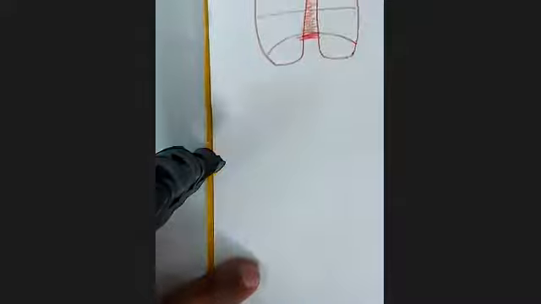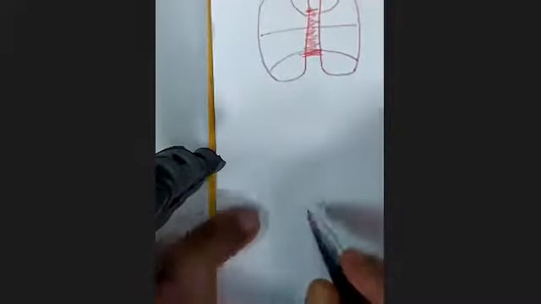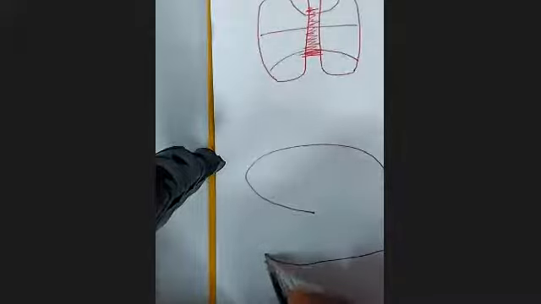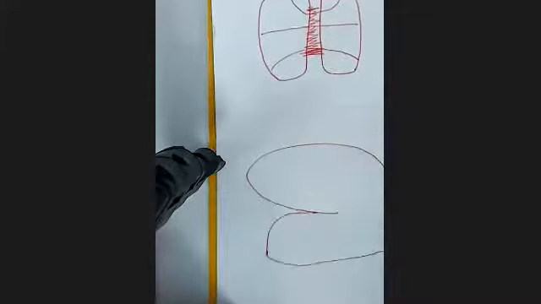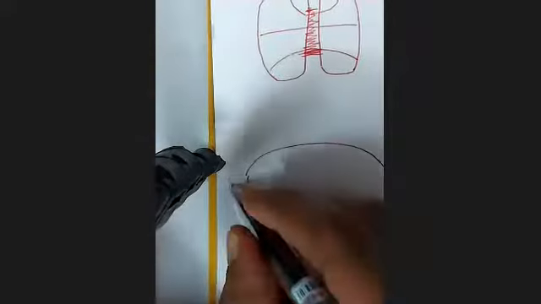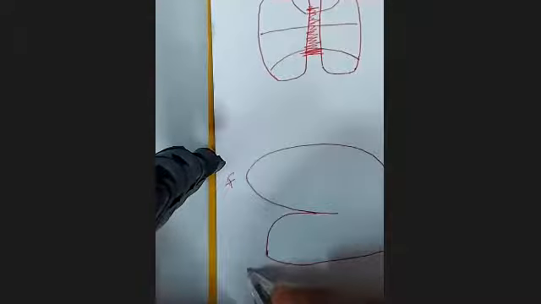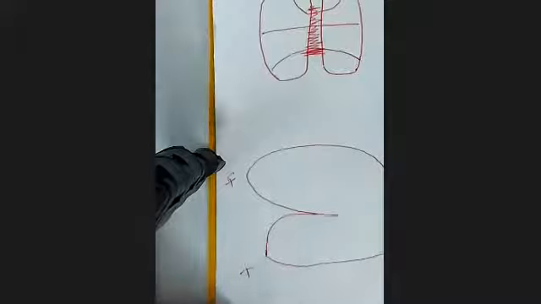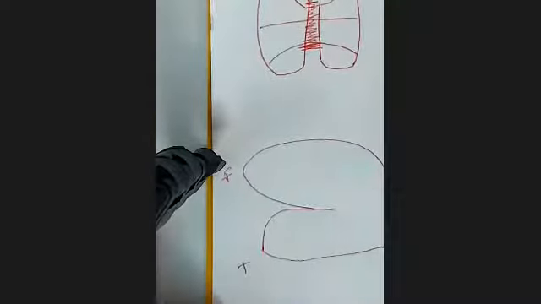Now let us see how a cerebral hemisphere looks. A cerebral hemisphere appears something like this. So this is the frontal pole, this is the temporal pole, and behind here you can see the occipital pole.